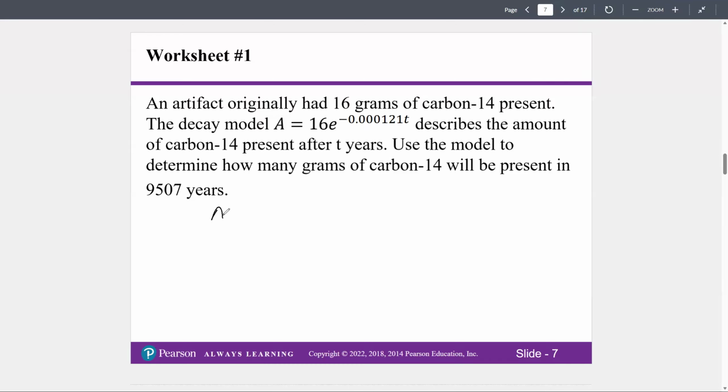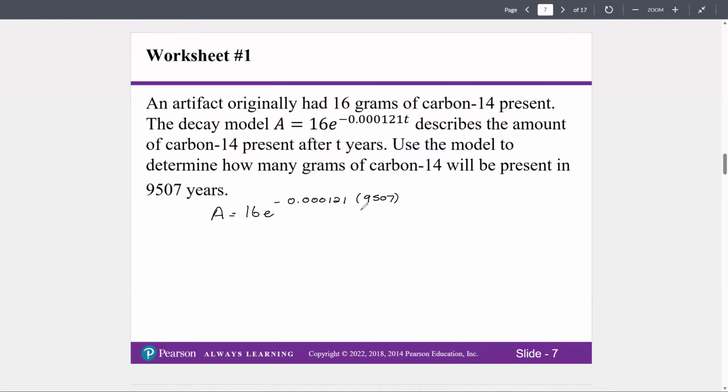This one was actually a really easy one because we know what t is. We don't have to do a bunch of math here. We just need to figure out what's going to happen when t is 9,507.